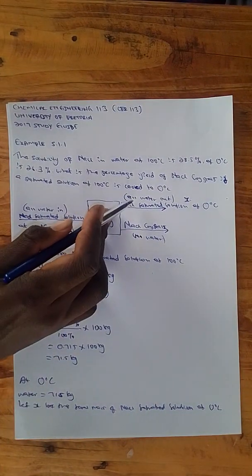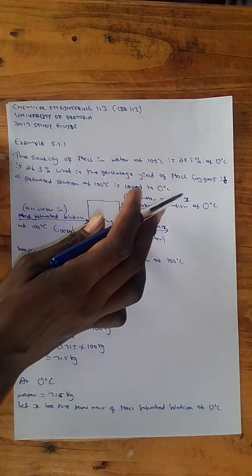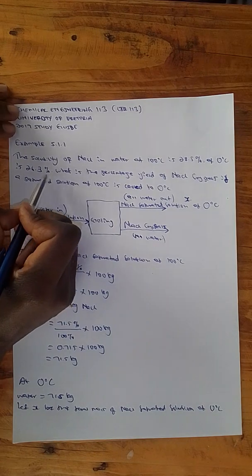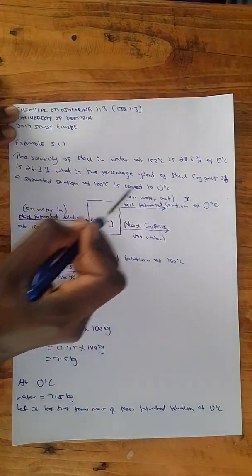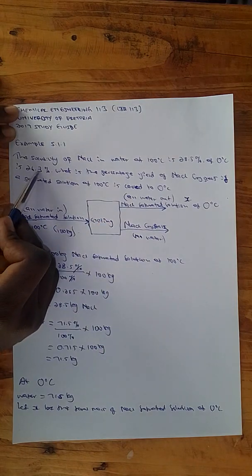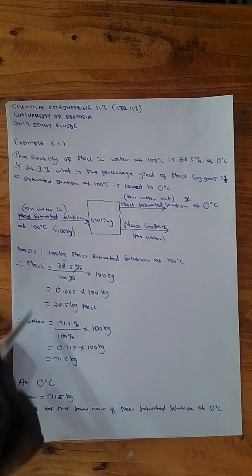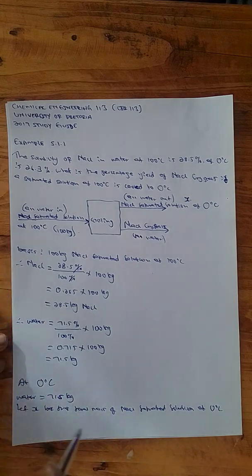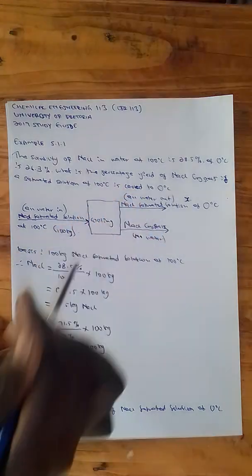So at 0 degrees Celsius, the total solution is X. Now, if the total solution is X, remember that we have the mass analysis. We know that of this solution, 26.3% is sodium chloride. Therefore, we can use the same methodology we used here to calculate the mass of both sodium chloride and water in terms of X.